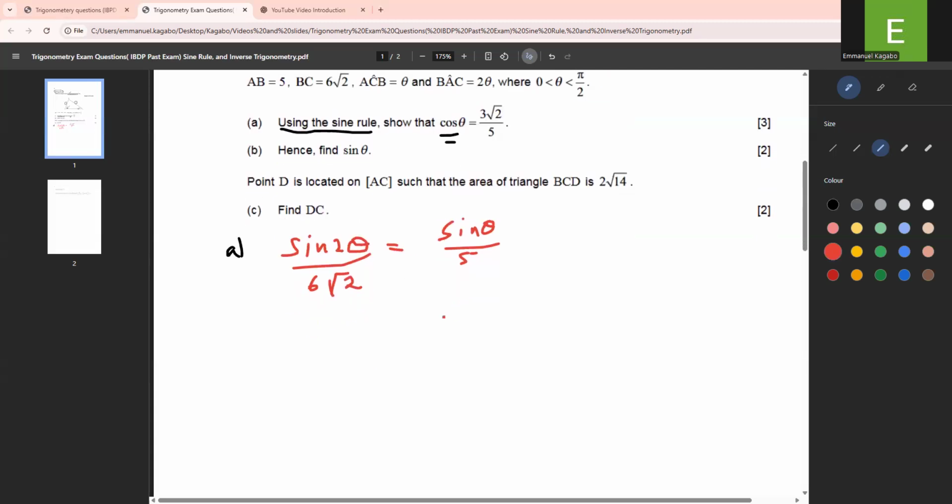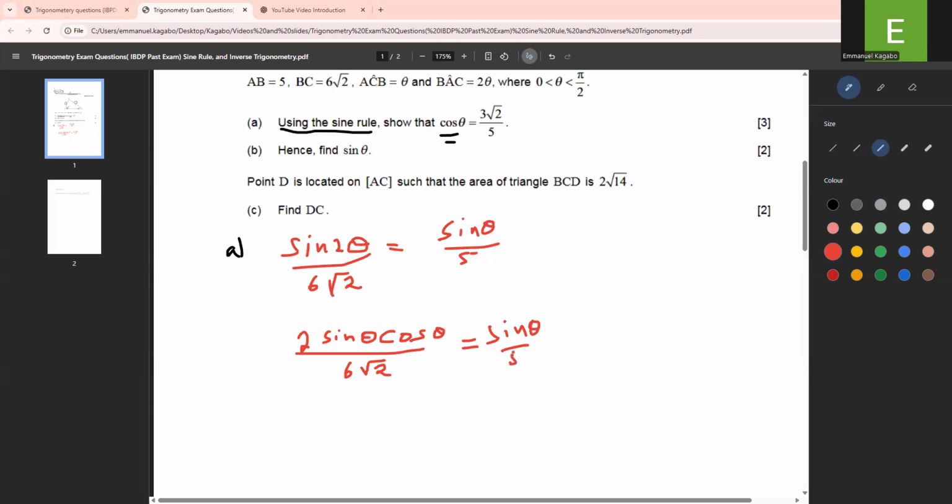Now, from your formula booklet, you should know what is sine 2 theta, right? Sine 2 theta from your formula booklet is 2 sine theta cos theta over 6 square root of 2 equals sine theta over 5, right?